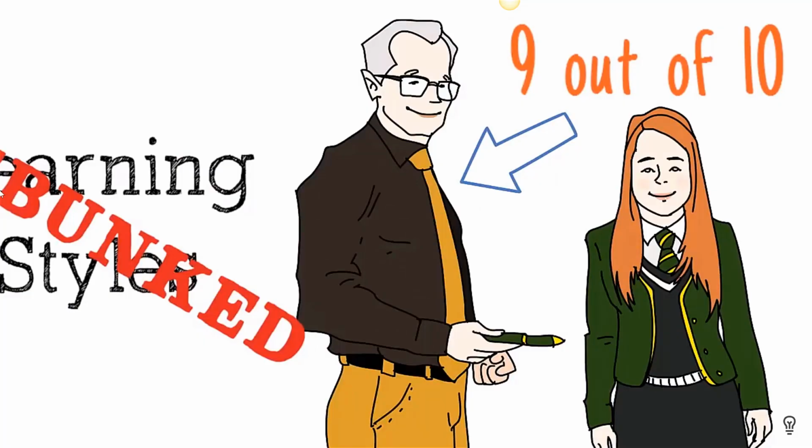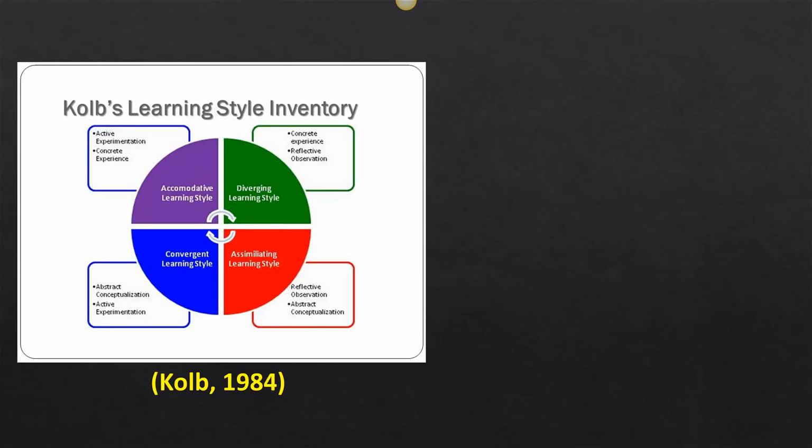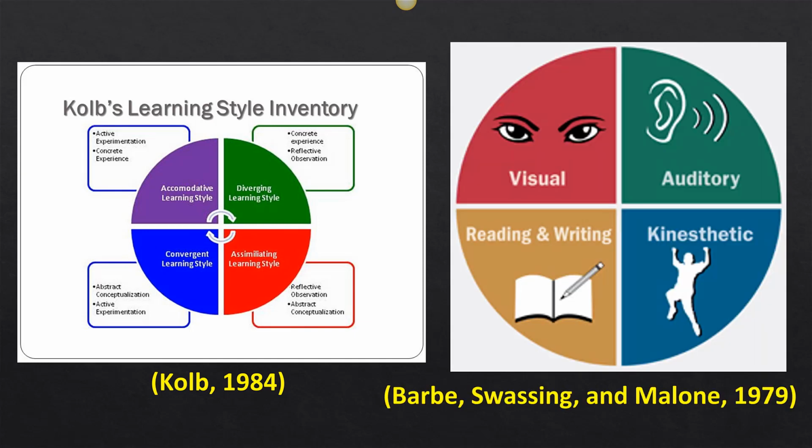Okay, so here's the problem. As the video points out, the idea of learning styles gets developed initially with research taking place in the 1970s. The idea really ends up picking up steam, and the most prominent theories in the contemporary thoughts on learning styles come from Kolb's Learning Style Inventory that gets published in 1984, as well as what many of you might be familiar with from your own experiences in K through 12 education regarding the matrix of visual, auditory, kinesthetic, and reading and writing learning styles that come from Barbe and Associates back in 1979.